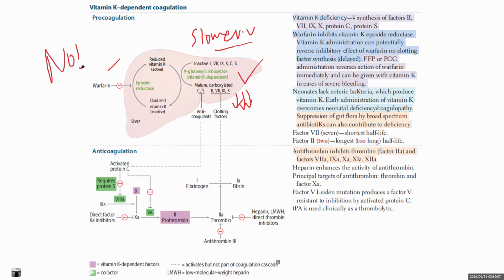And this is why we specifically give direct clotting factors to that patient using fresh frozen plasma, which is abbreviated as FFP, right?